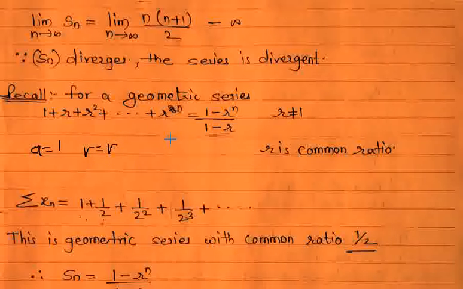The sum is denoted by a times (1 minus r to the n) over (1 minus r). In this case, a is 1, so hence you get (1 minus r to the n) over (1 minus r), as shown in the question.